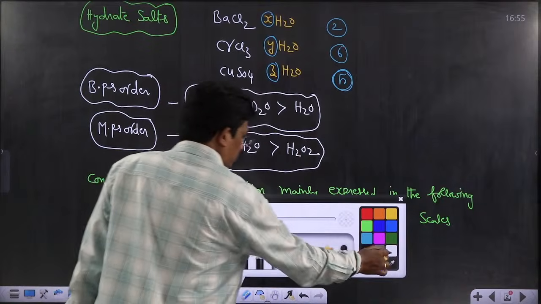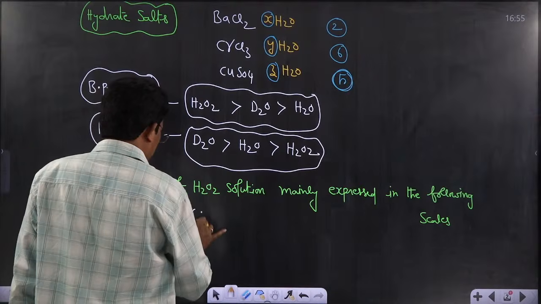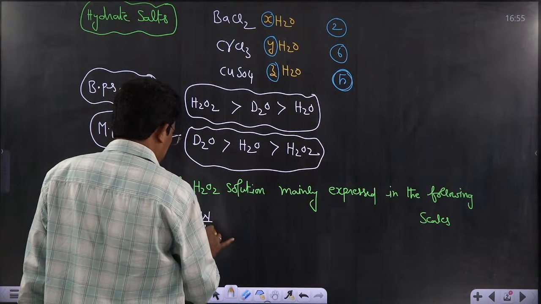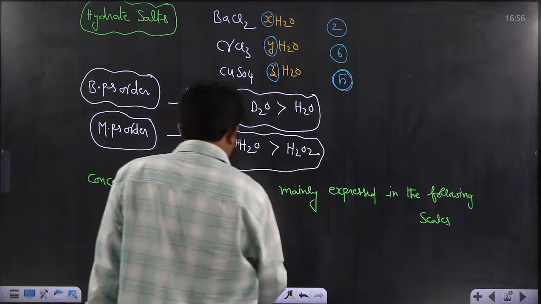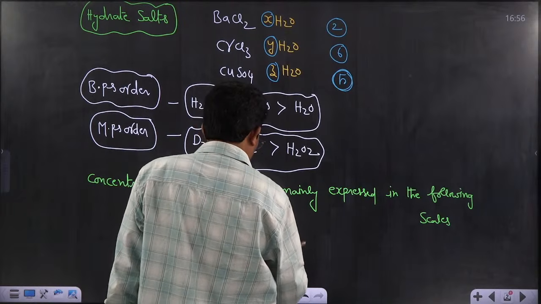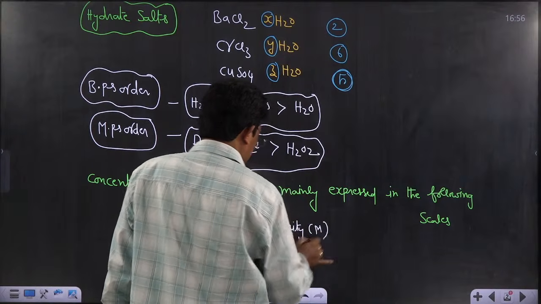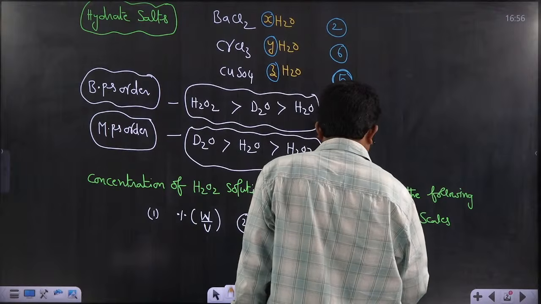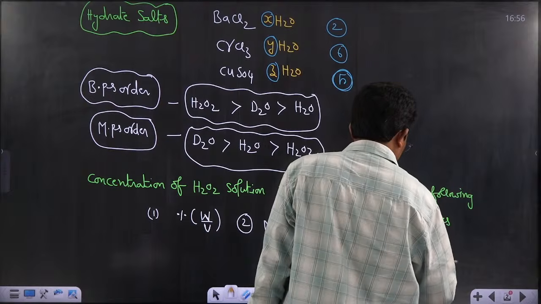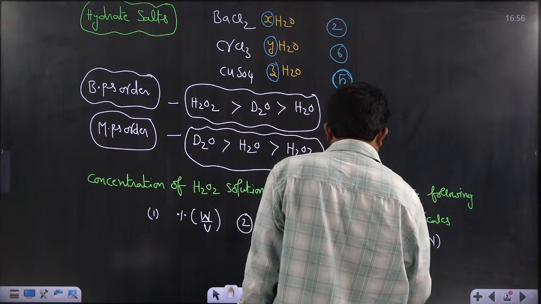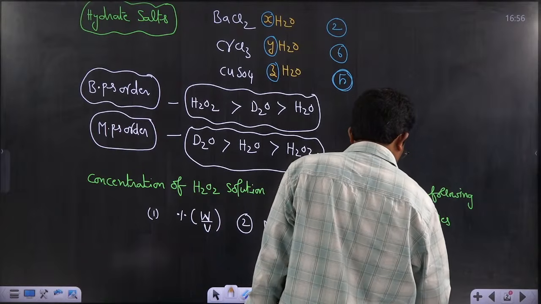First one, percent weight by volume. Second one, molarity M. Third one, normality N. Fourth one, volume strength V.